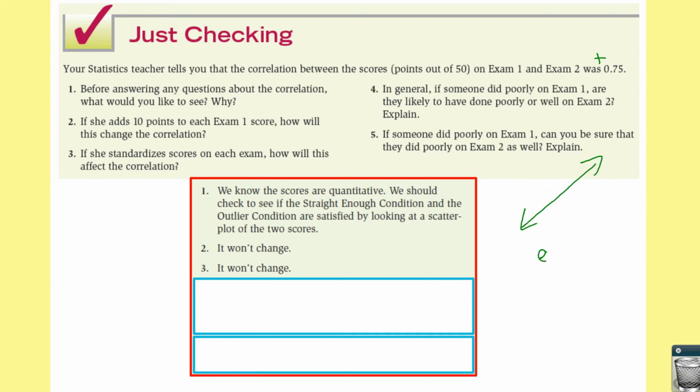So if this is exam 1 and this is exam 2, then yeah, if I did bad on exam 1, I probably didn't do so hot on exam 2, right? Because it suggests a positive relationship between the two.